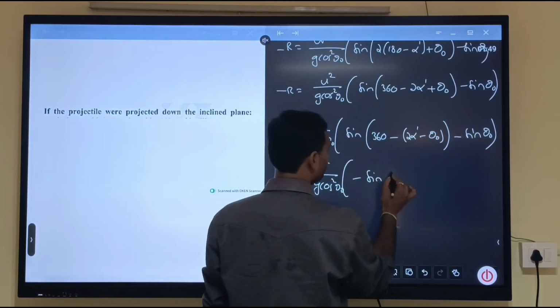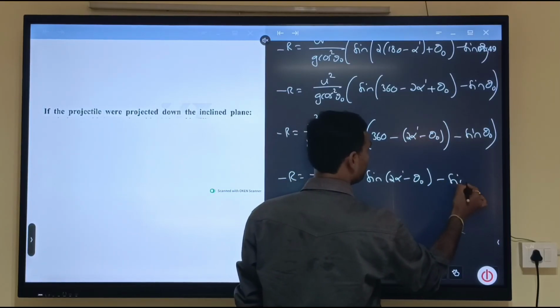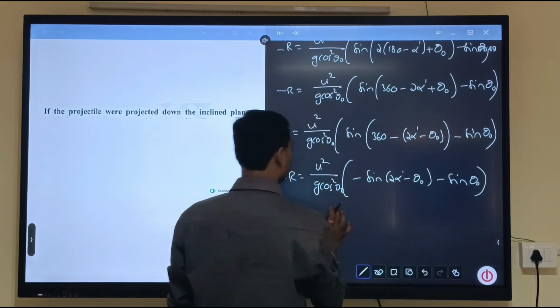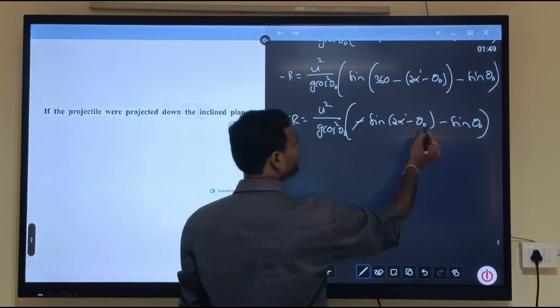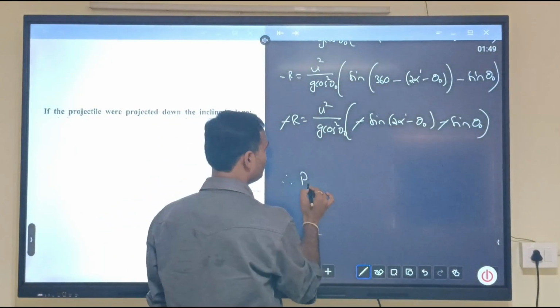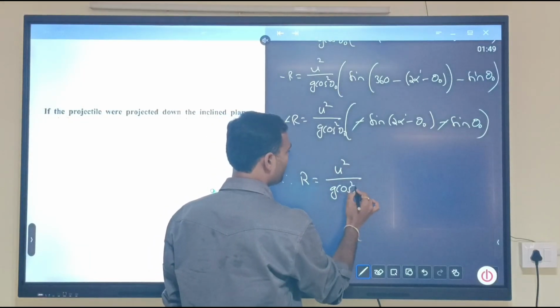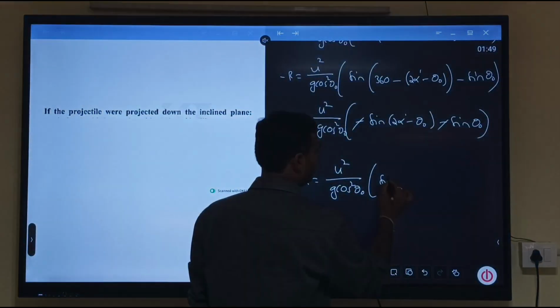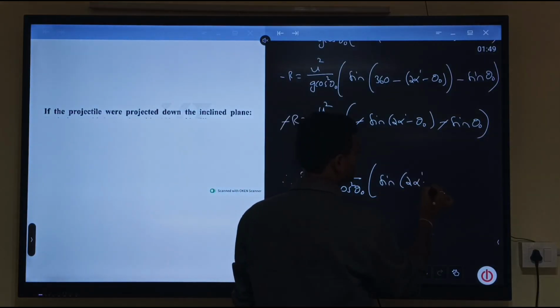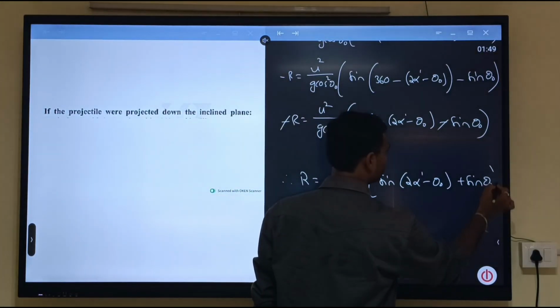This will be minus 2 alpha dash minus theta naught minus sin theta naught, and therefore we can cancel the negative sign. Therefore, the h value will be u square by g cos theta naught sin 2 alpha dash minus theta naught plus sin theta naught.